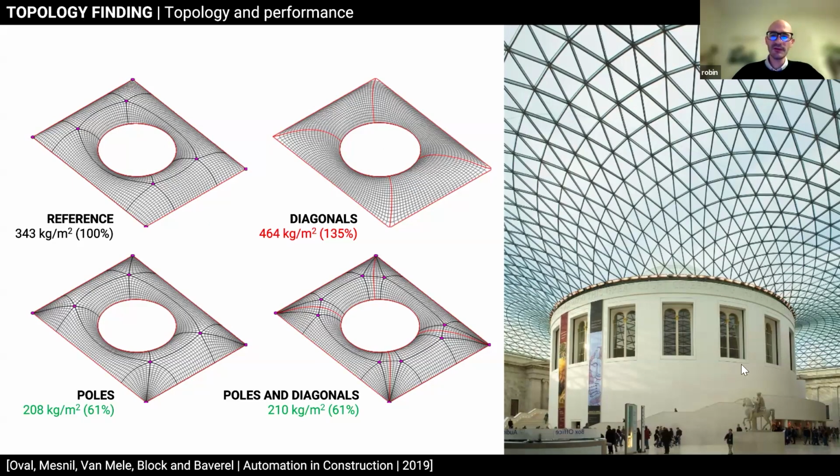and we revisit the British Museum grid shell here, with a tool that I used in my PhD for study. Here you can see 4 designs that have roughly the same number of elements, so a similar number of nodes to assemble, so similar fabrication complexity.